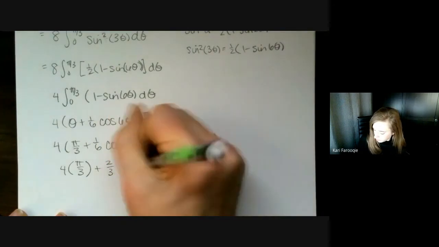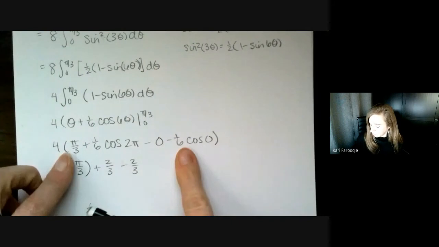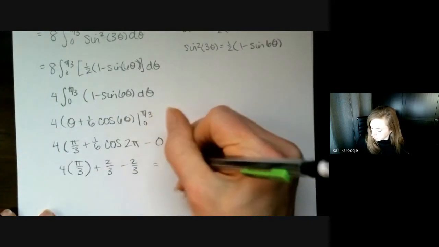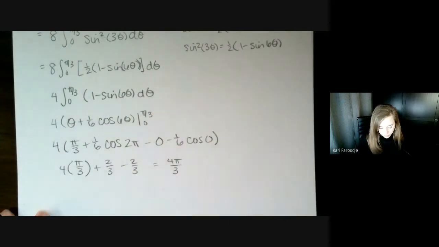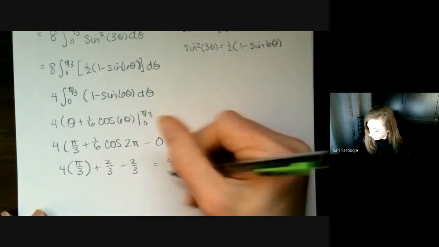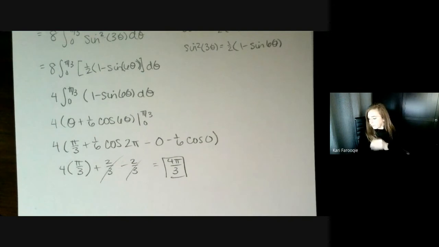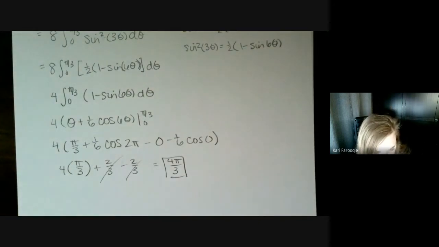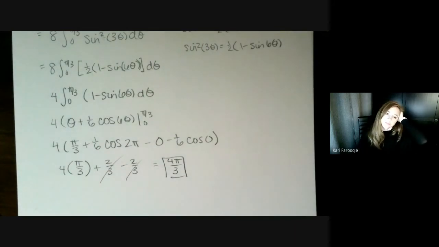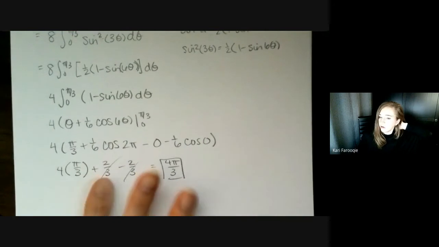And then minus, again, we have 2/3. And we'll get 4 pi over 3. Okay. Questions on example 2?